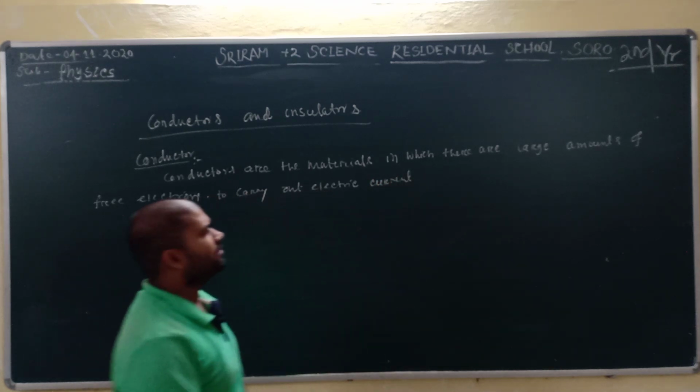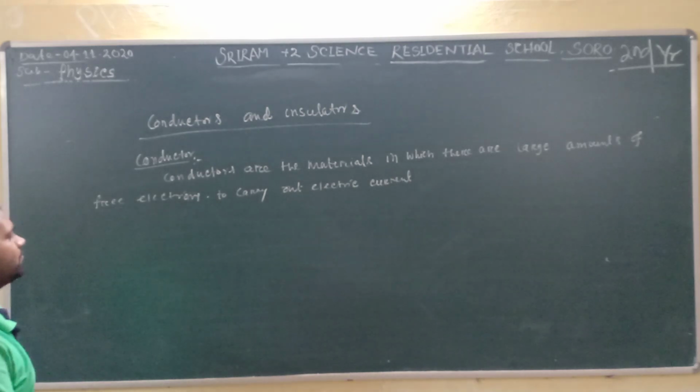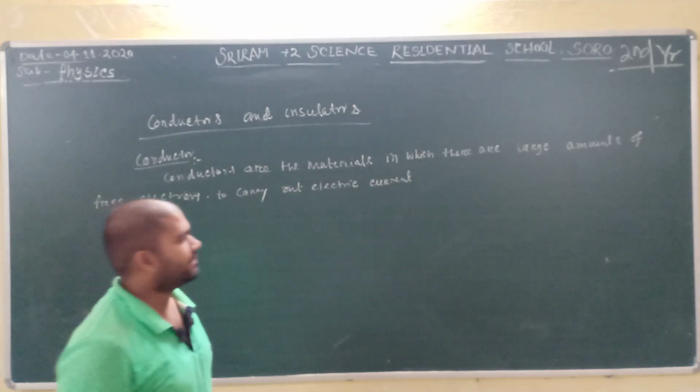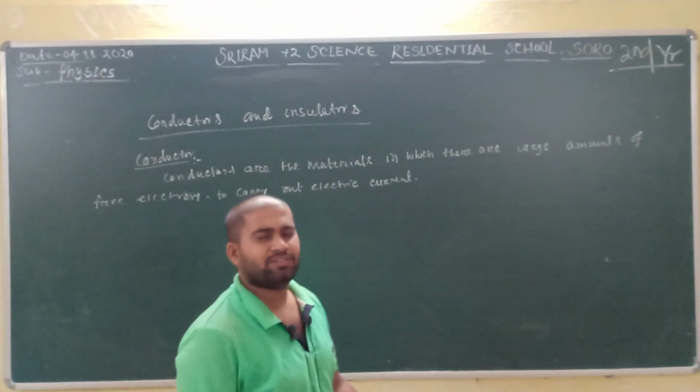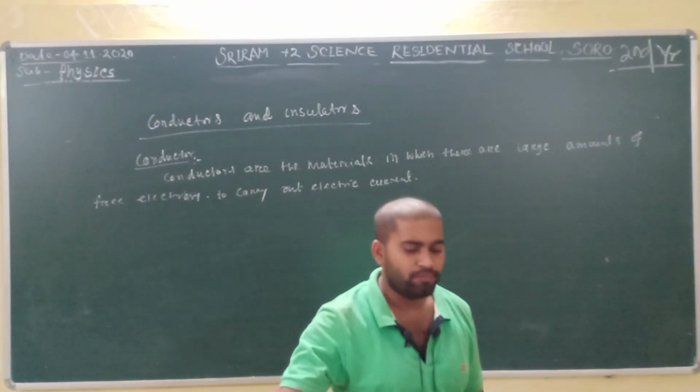Okay. So, conductors are the materials in which there are a large number of free electrons to carry the electric current. It means they allow a large-scale movement of electric charge through them.